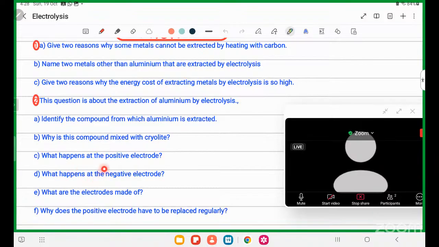And what happened at the negative electrode? I put oxidation there. Oxidation. Okay, the negative electrode is the cathode, and there the aluminum will be deposited.